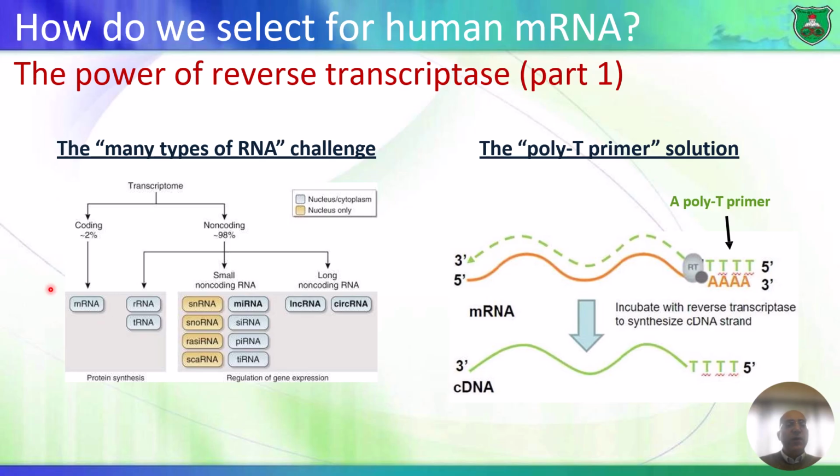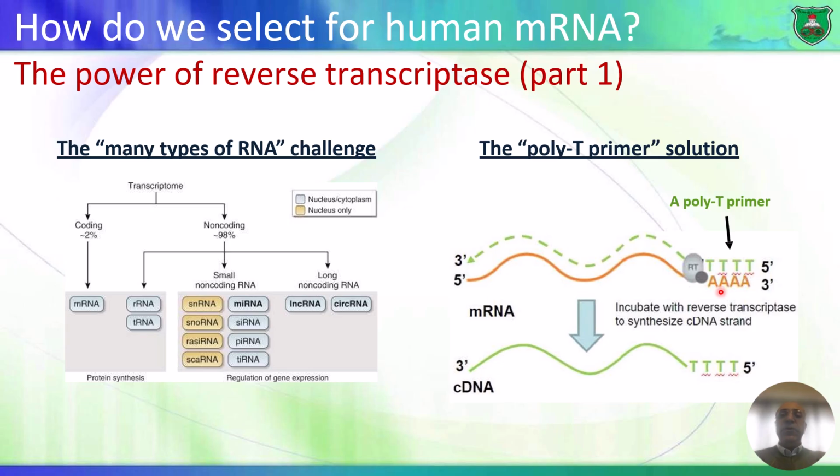Now, how can we select messenger RNA molecules specifically? Well, messenger RNA molecules are probably the only ones that have a poly A tail. All of the other RNA molecules do not have a poly A tail. So in order to convert RNA to DNA, and then use this DNA molecule as a gene to express a human protein in bacterial cells, we use reverse transcriptase, the vital enzyme that converts RNA to DNA.